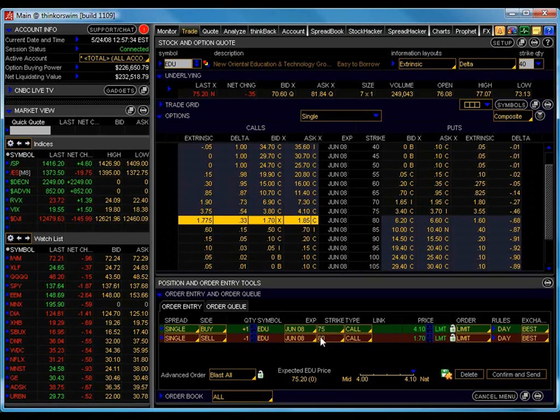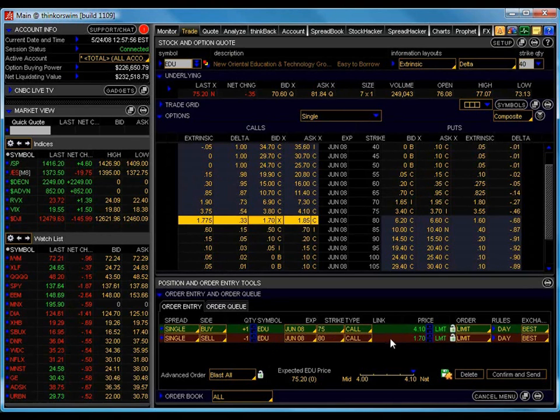We'll still lose money on this position, but we won't lose as much as if we had just purchased the 75 call alone. And if the market goes up in the direction we anticipated, then the 75 call will increase in value greater than the money that we've lost on the 80 call that we've sold.